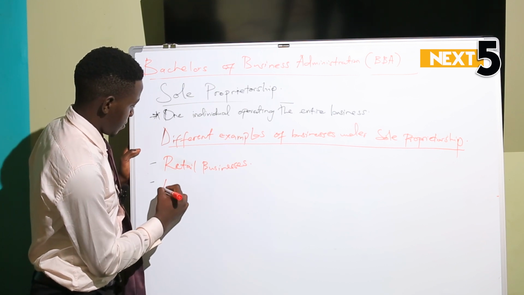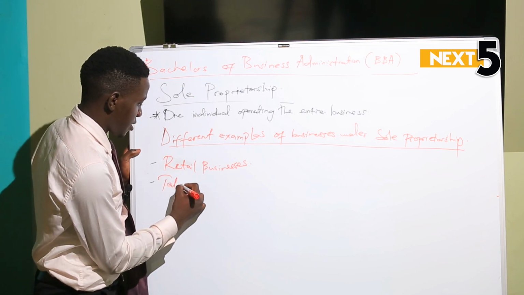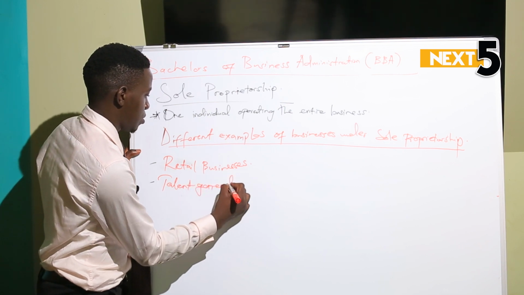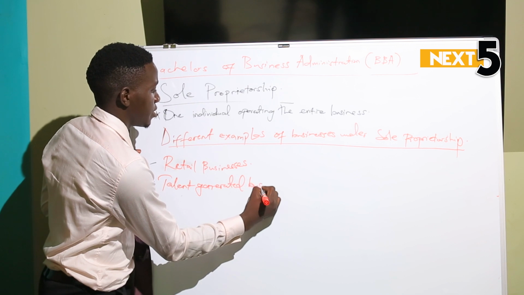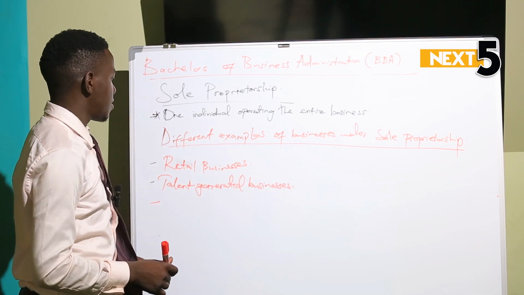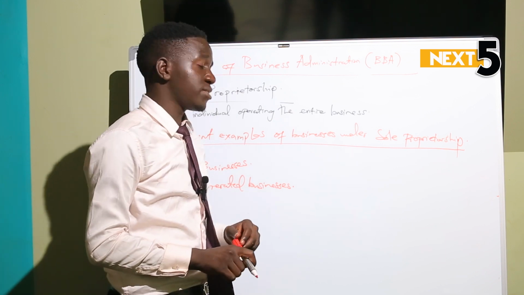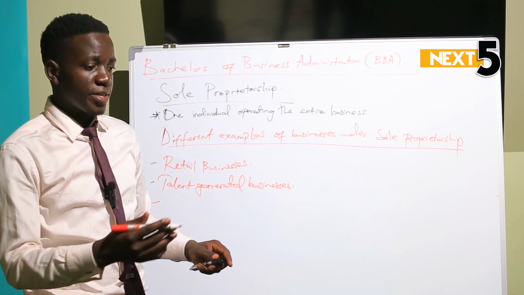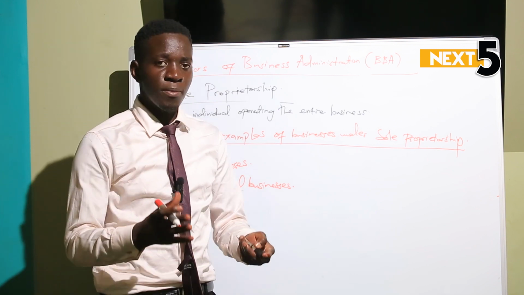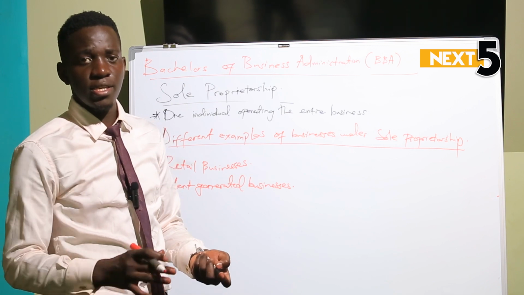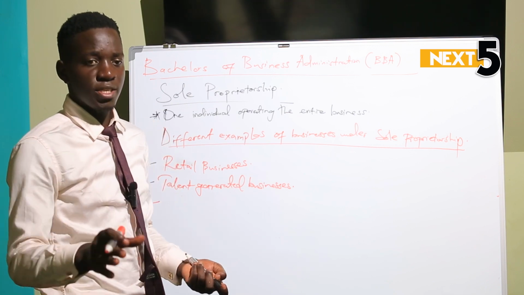Then also look at the many talent generated businesses. So when we talk about, for example, someone can be good at modeling, let's say pots, let's say cups or plates.